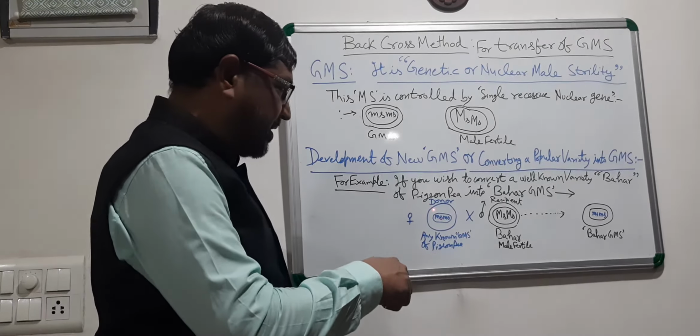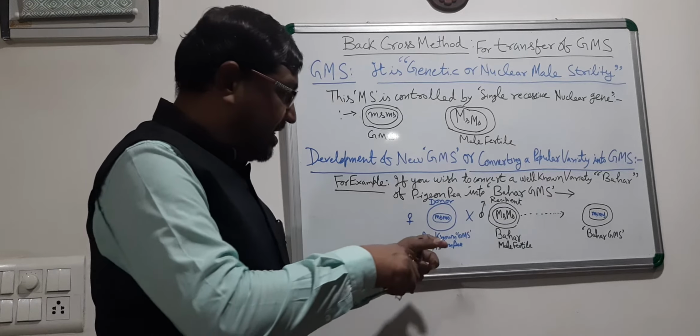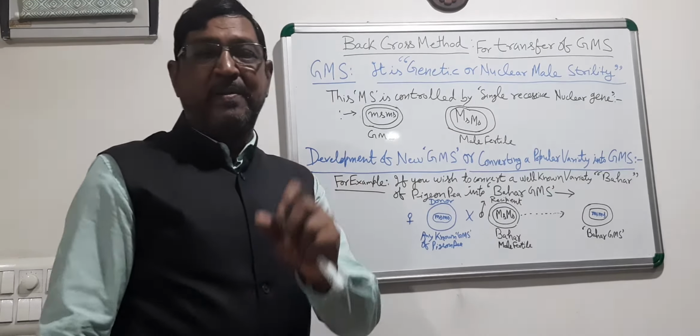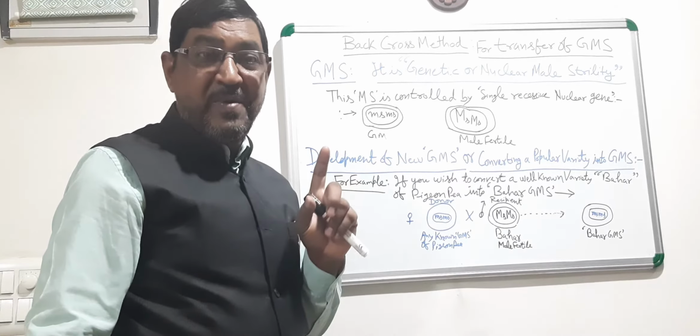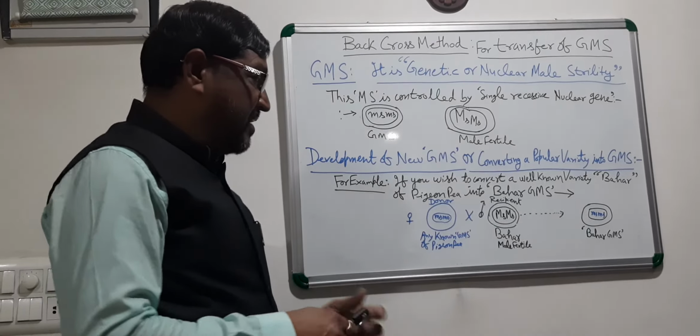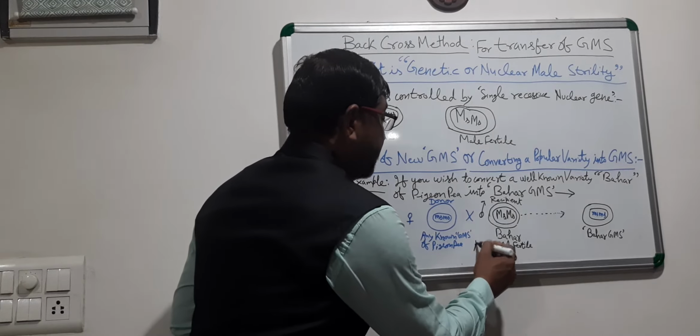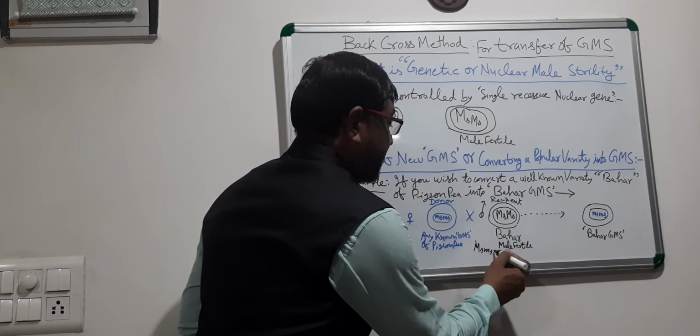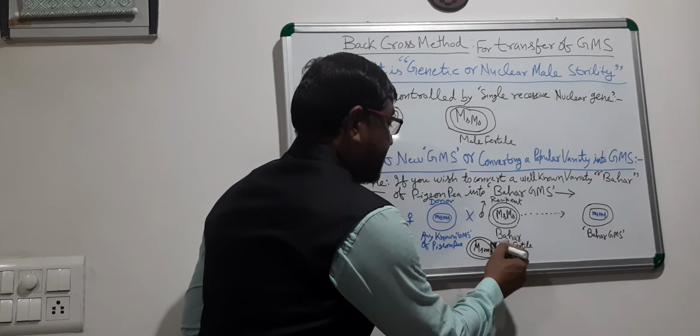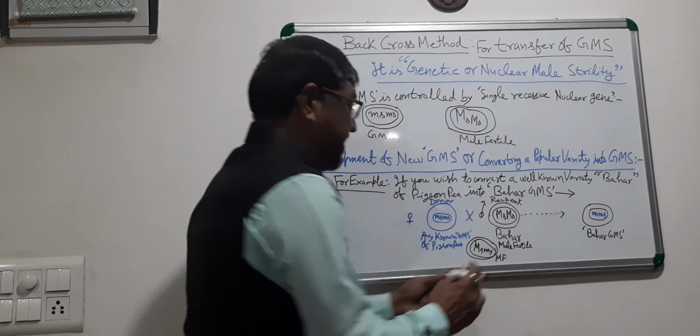After pollinating, you take the seed, and the seed which you take will be F1. If you see, the F1 will be capital MS, small ms, which means it is male fertile.